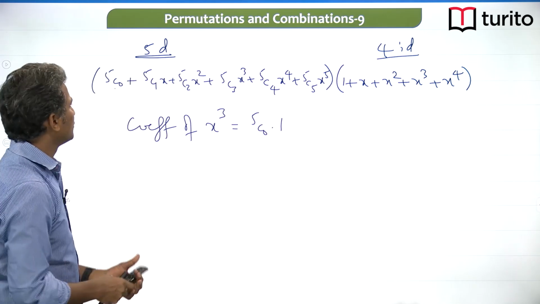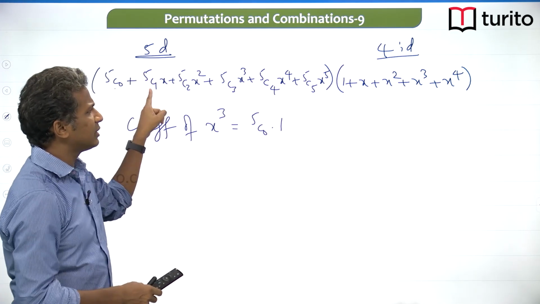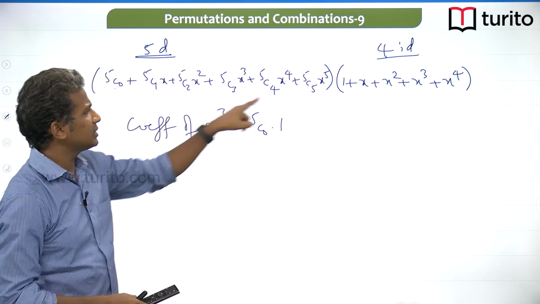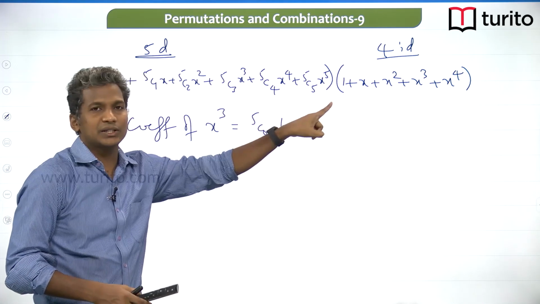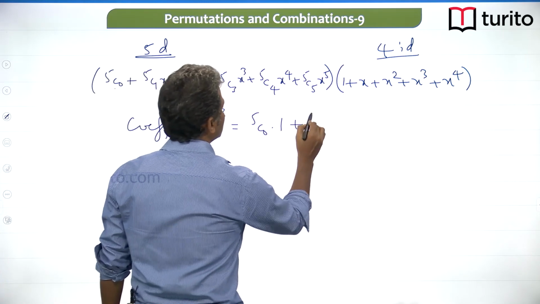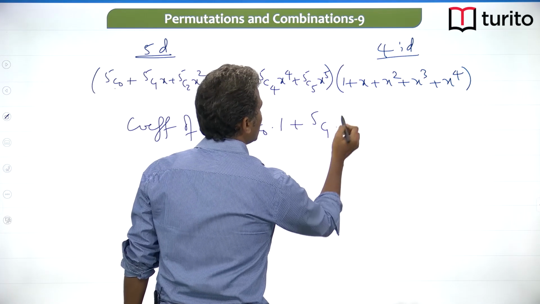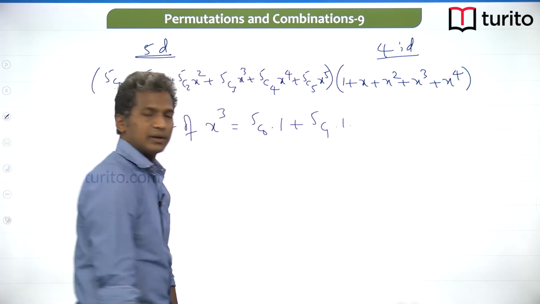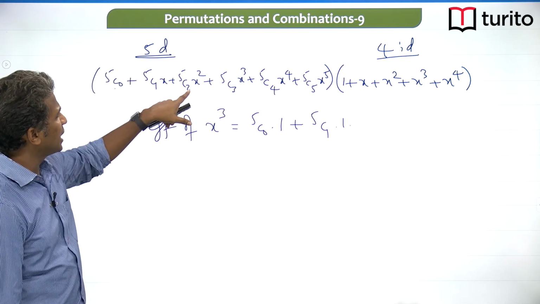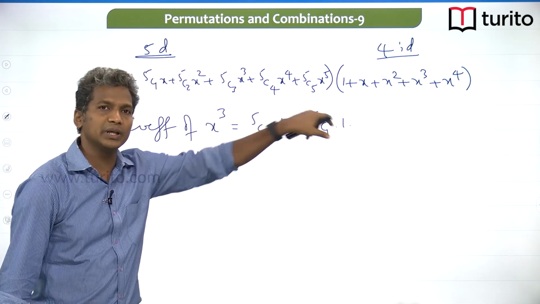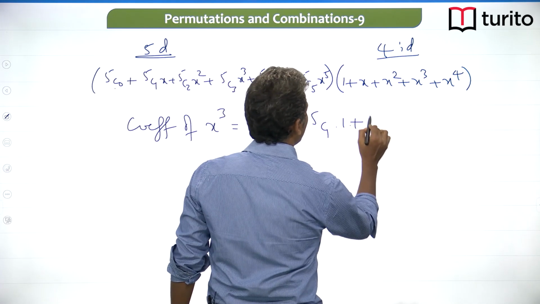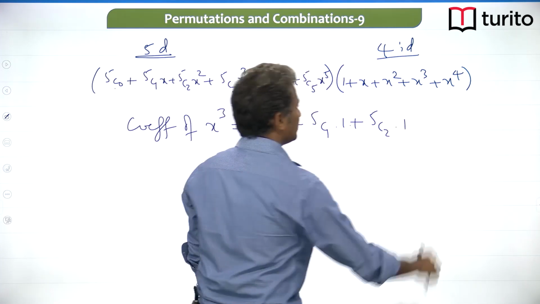Similarly, when I am taking 5C1 from here, so x is coming, from there x square has to come. So plus 5C1 into x square term, so it is 1. Similarly, when I am taking x square here, I have to take x from there. So that means it will be plus 5C2 into 1.